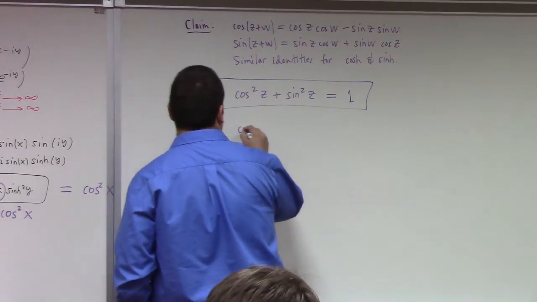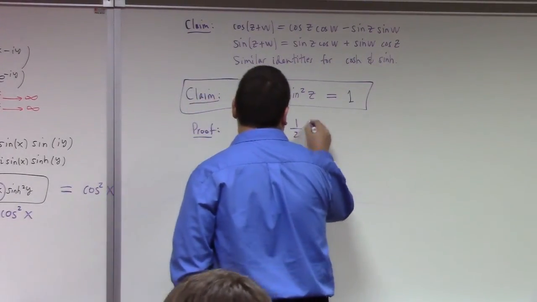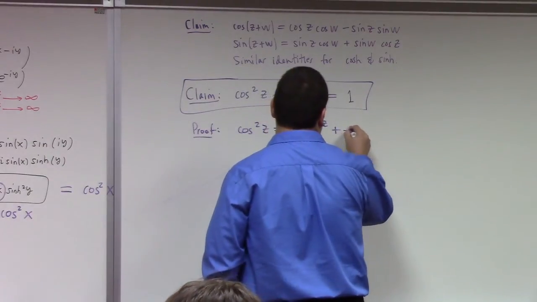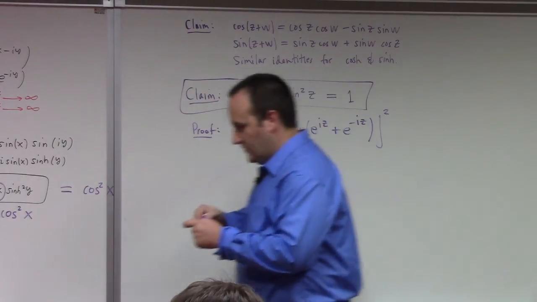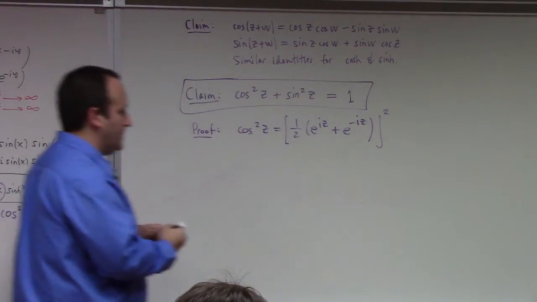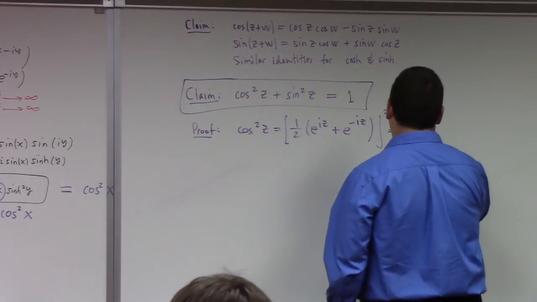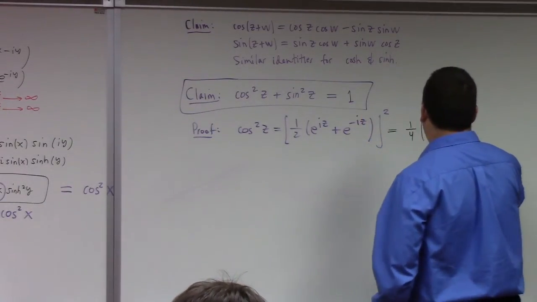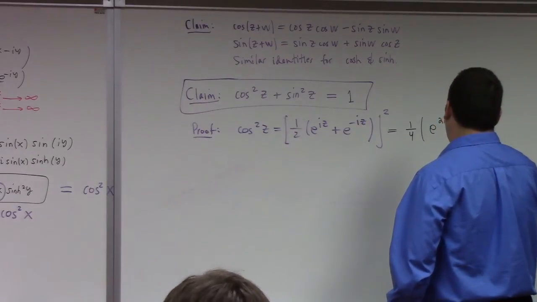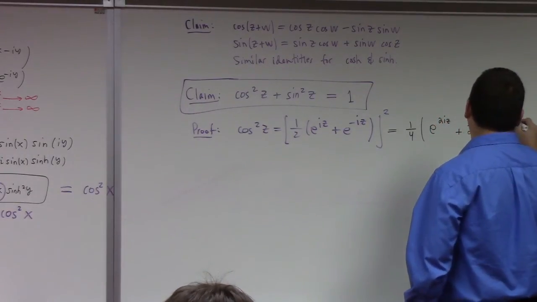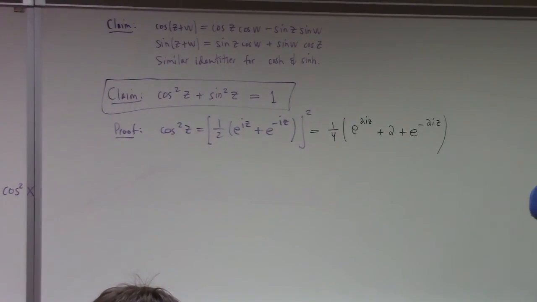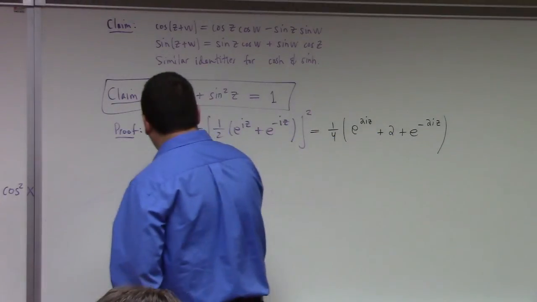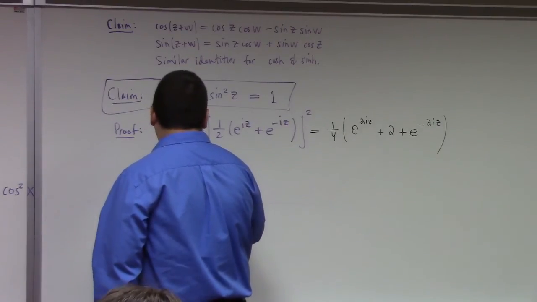So here, cosine squared z is 1/2 e to the iz plus e to the minus iz, quantity squared. So you FOIL that out, what do you got? You got 1/4 e to the 2iz plus 2 plus e to the minus 2iz. I'm using the laws of exponents that we have supported in previous lectures, although I haven't proved them in their entirety. You can prove those laws of exponents by relying on the usual laws of exponents and the adding angles formulas for sine and cosine.